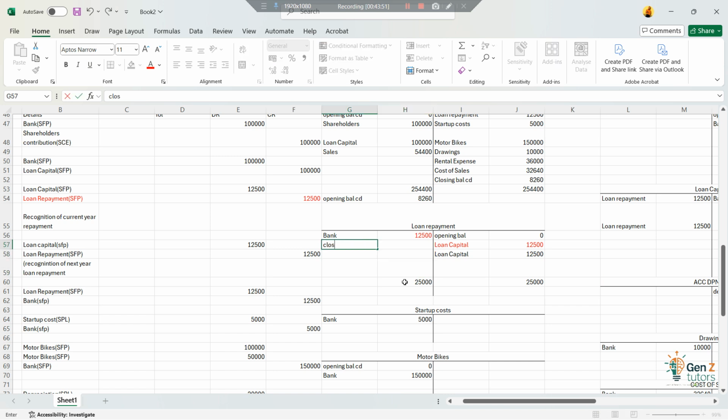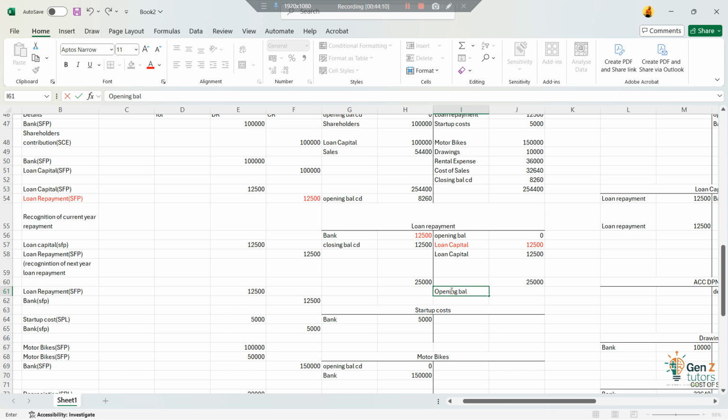Then when you go into loan repayment again, you had an opening balance of 0, and then the capital portion of the loan that we are paying this year is here. The one that we're going to pay next year, it's here. Then this one also, it's the red one. It's part of the capital portion that we're paying this year, which we are paying with bank.